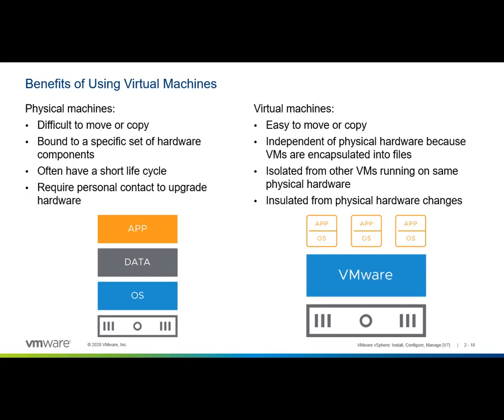What are the benefits? Compare a virtual machine to a physical server. If you have a physical machine, it's difficult to move or copy the operating system. You're typically bound to a specific set of hardware components. You install the OS and it's linked to the motherboard because it's got chipsets, so you have to install the chipset drivers for that motherboard. Relatively short life cycle, 5 years maybe maximum on warranty for a server.